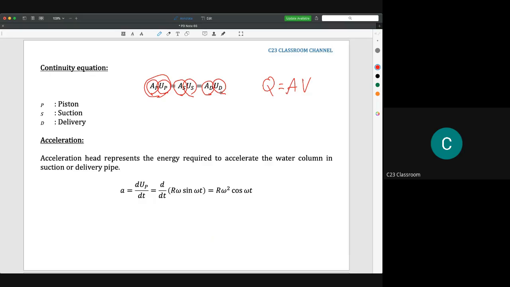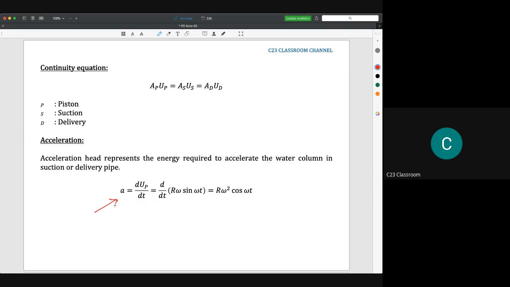So then, because we have a difference in velocity, we need to calculate the acceleration head, because the acceleration head here represents the energy required to accelerate the water column in the suction or delivery pipe. So how to get the acceleration A here?